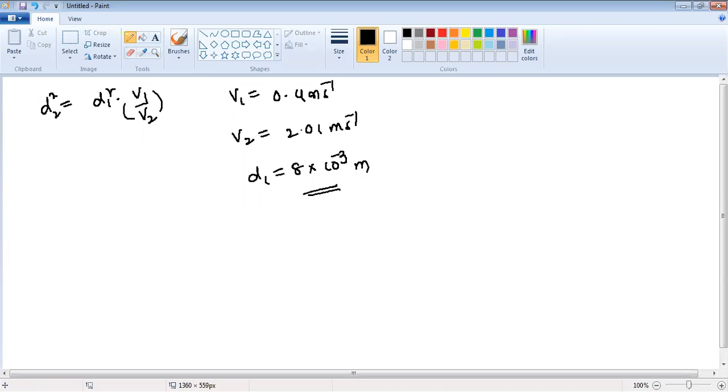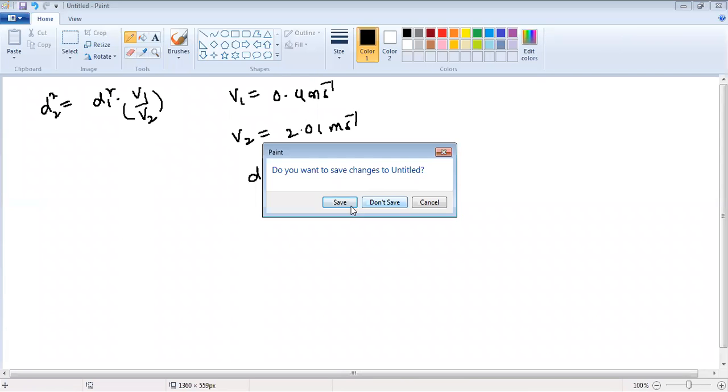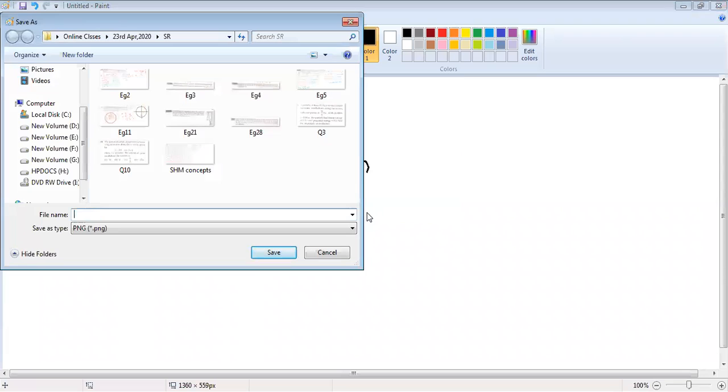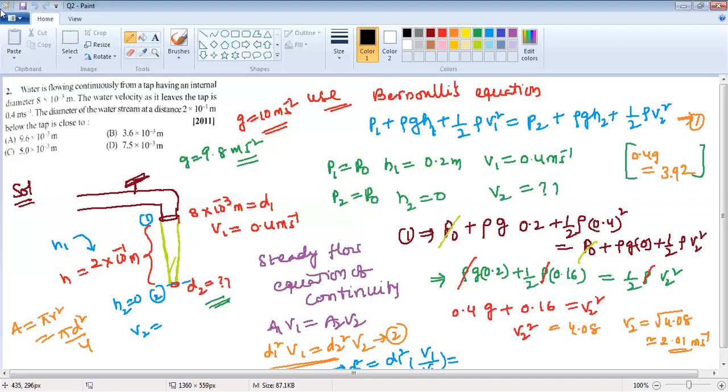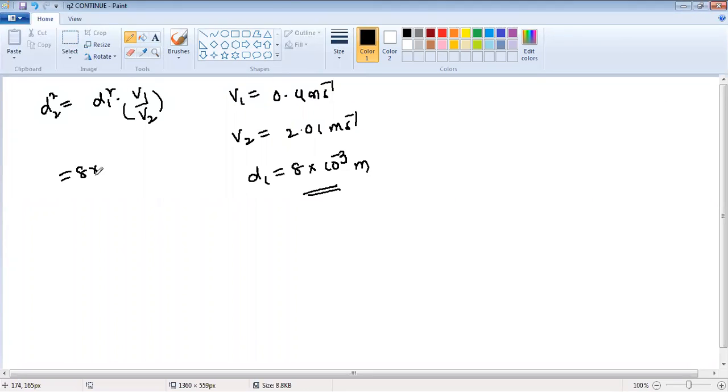So D1 is 8 into 10 power minus 3 meter. Then 8 into 10 power minus 3 whole square into V1 by V2, so 0.4 by 2.01.